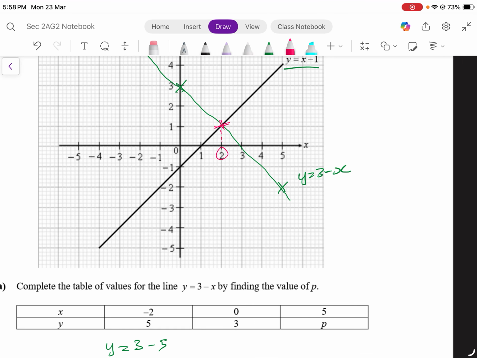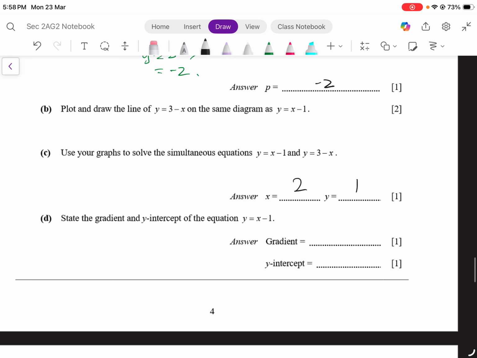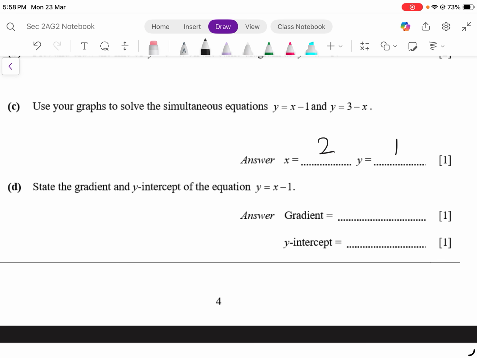So from here, p is minus 2. Use the graph to solve: x is 2, y is 1. Now, they ask you to state the gradient and y-intercept of the equation. Remember that the equation of a straight line graph is y equals mx plus c. When you do a comparison, you realize there's no number in front of x, but it cannot be 0, so it should be 1.